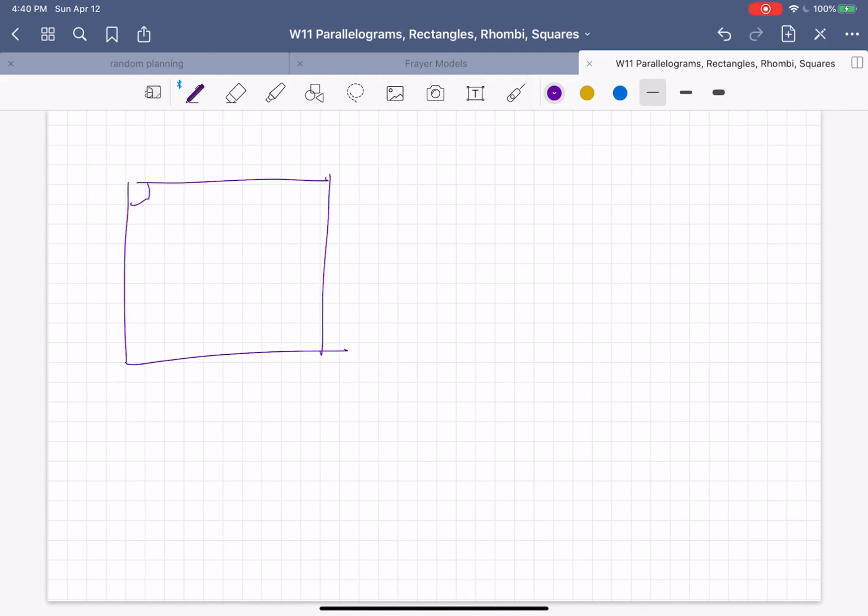So if we have a square, the opposite angles are congruent because they're all 90. Opposite sides are congruent because that's the definition of a square, right? If we do the diagonals, we know they bisect those. So this is 45 degrees, 45. They're all 45, which just makes sense because it's a square, right?